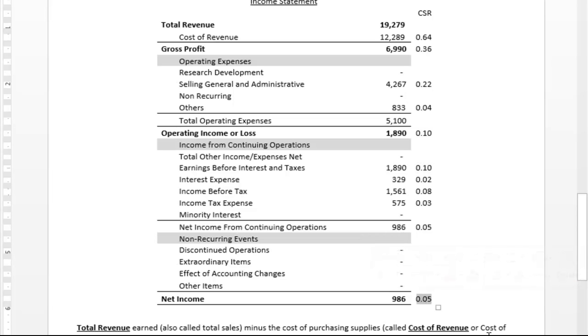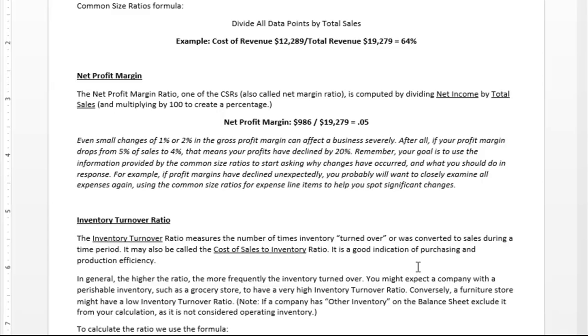This is just one example. You do it for each area. The net profit margin is one of the common size ratios. So it is used to detect small differences in profit margin changes. And it allows you to start asking questions.